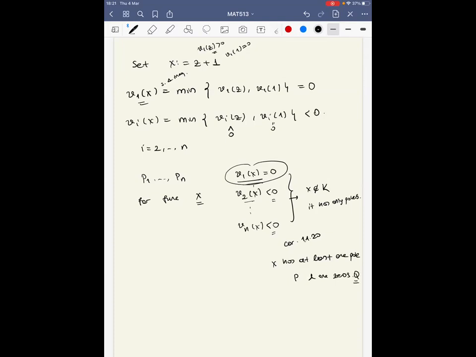Let me denote it by Q. And in this case, VQ of x should be bigger than 0. And this shows us there's a place which is not in the set of places we considered here. And this gives us a contradiction. So that means the set of places is infinite.